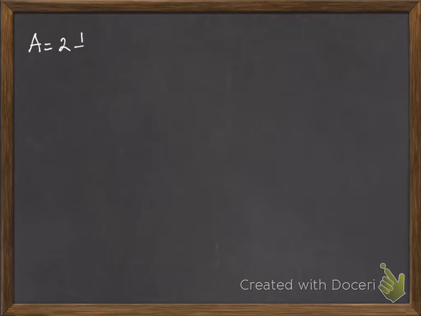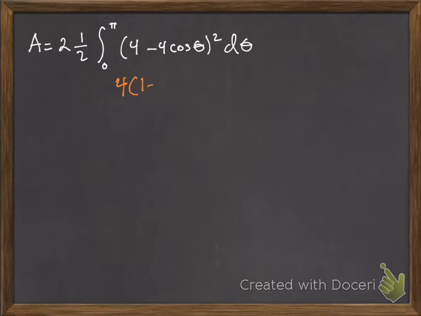There are two halves, so that's why there's a 2, and then the 1/2 part of that formula. 0 to pi, and then 4 minus 4 cosine of theta quantity squared. I'm going to mention that this can be written as 4 times 1 minus cosine theta squared, and 4 squared is 16. So 16 is going to pop out of the integral, and then we're going to expand 1 minus cosine squared.